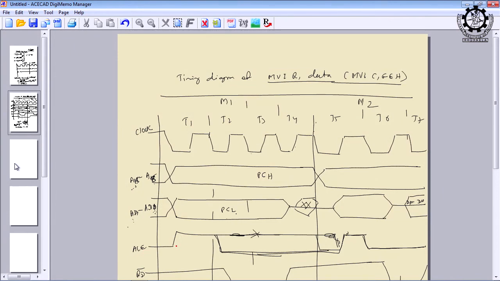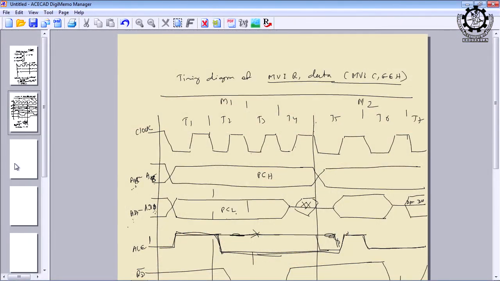You can see it is high for only 1 clock period or maximum 2 clock periods, or 1.5 clock periods. You have to check that, because in different books different patterns are given, but you can assume that 1 or 1.5 clock period is enough to enable the entire A0 to A15 as the address bus.